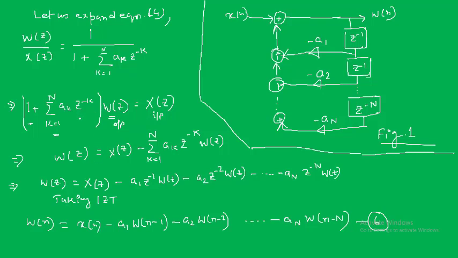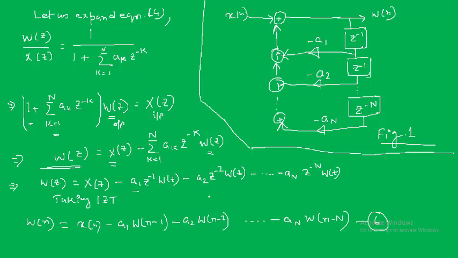Similarly, taking some part of the output to the right hand side, we represent w of z as a function of x of z and w of z. If we expand this equation, we get w of z equal to x of z minus a1 z inverse w of z minus a2 z to the power minus 2 w of z, and so on.